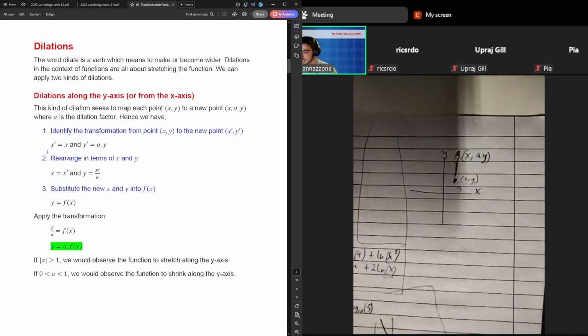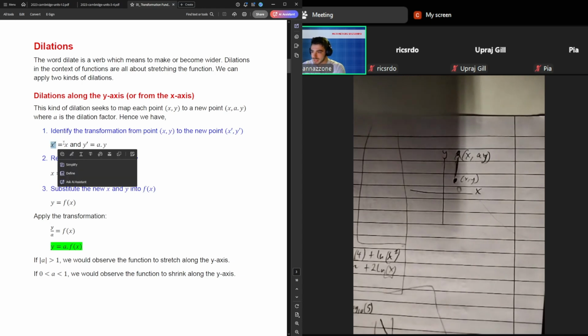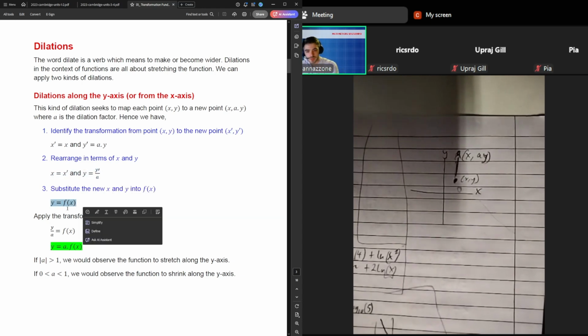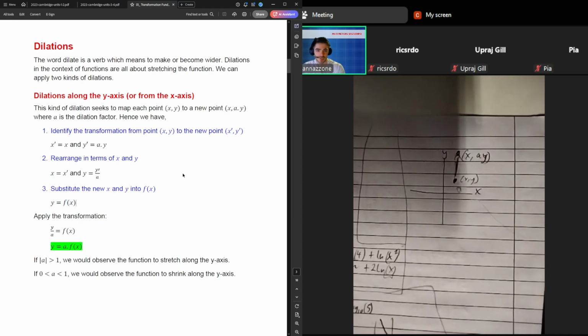Okay, how this works, we use x dash and y dash to represent the new coordinates. So x dash is going to remain as x since x hasn't changed, y dash is going to get ay. From there, rearrange to get x and y back on their own. The reason why we're doing that is because we want to figure out what our new function, y equals f of x, is going to be, where f of x could be any function: quadratic, hyperbola, truncus, whatever.